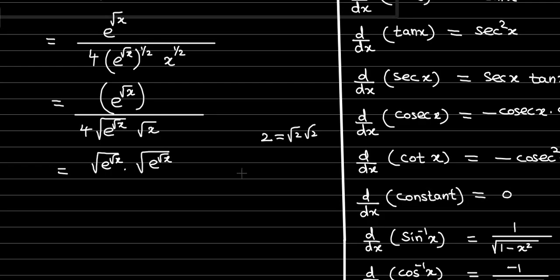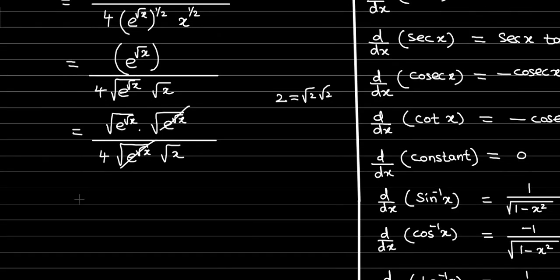Now whole divided by 4 into square root of e power root x into root x. One factor of square root of e power root x cancels. What is the left-out term? Square root of e power root x by 4 root x. So that's the solution.